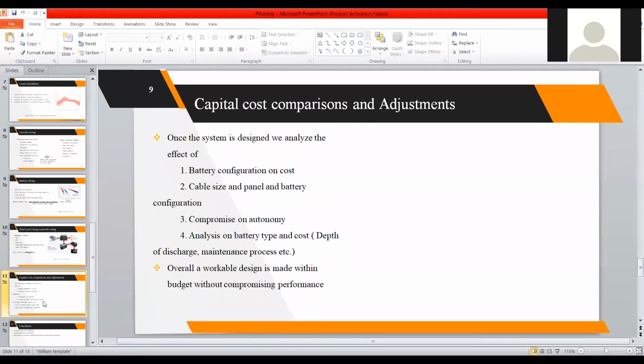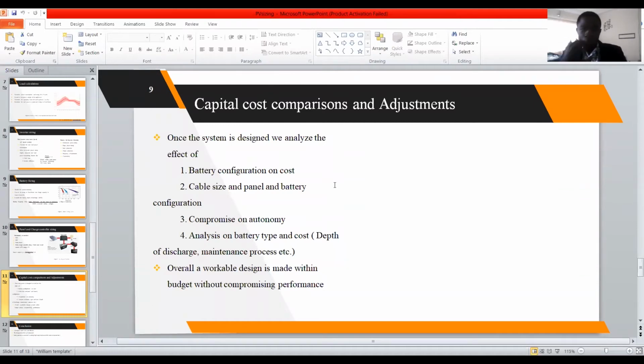And then you also want to look at your analysis in terms of the type of batteries that you're buying, because that affects the cost that you want to actually put in place.